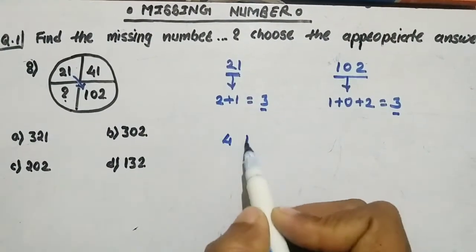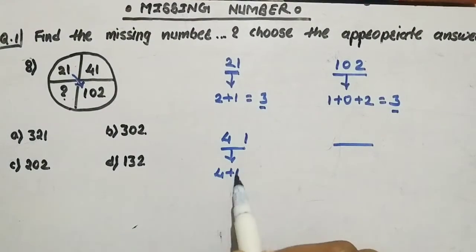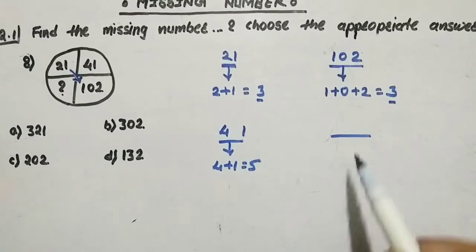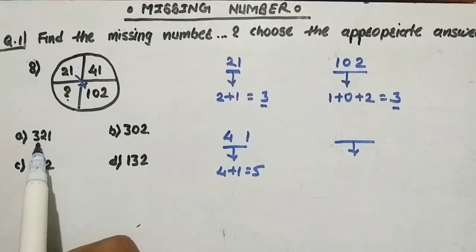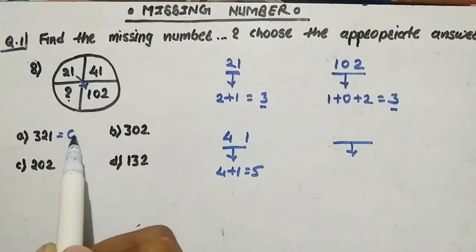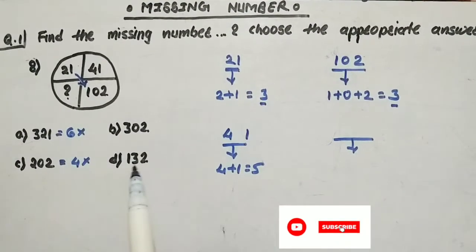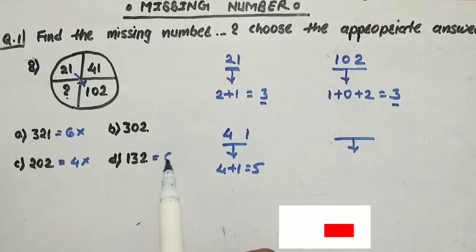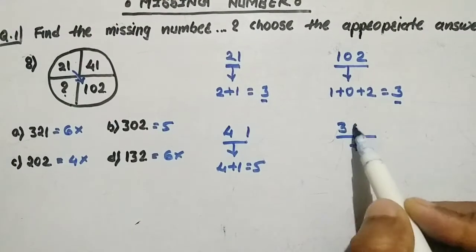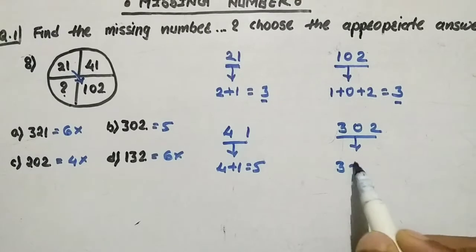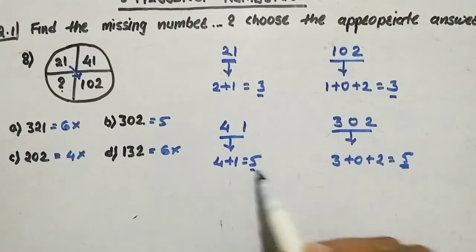So similarly here 41, and find out the whole number. So 4 plus 1 is 5. So here also we have to get 5. Let's see option number first, 3 + 2 + 6, here 6 will come, so eliminated. 2 + 2, that is 4 will come, also eliminated. 1 + 3, that is 6 will come, also eliminated. 3 + 2, that is 5. So which number will we choose? 303, why? 3 + 0 + 2, so we will get 5 here, 5 here, 5.